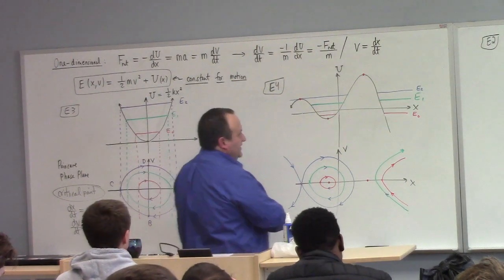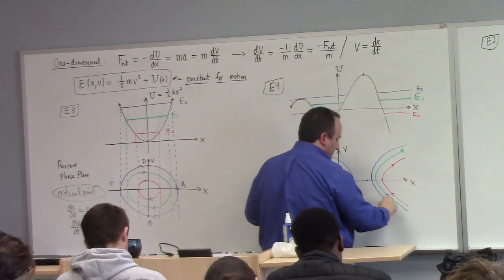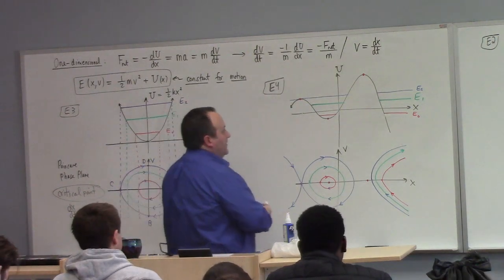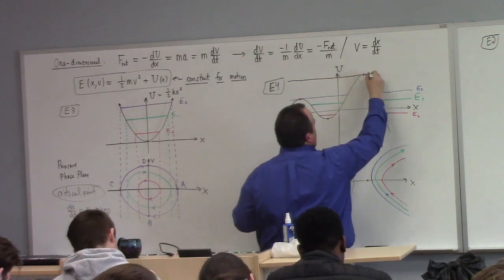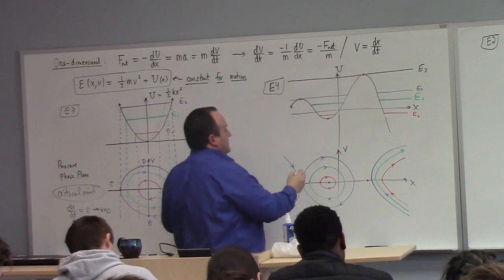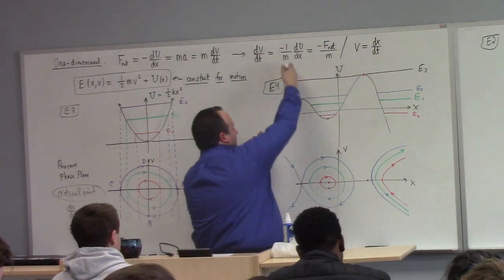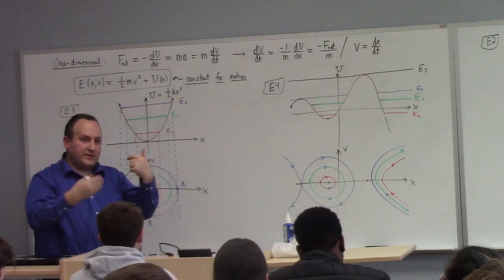Oh, I almost neglected. There's also this guy over here, right? So it picks up over there, like that. And I think I've got one more color. Better make it count. So this one here, E3. Technically speaking, anytime you're over one of the critical points, you should have a horizontal tangent for your graph if you're doing it correctly.